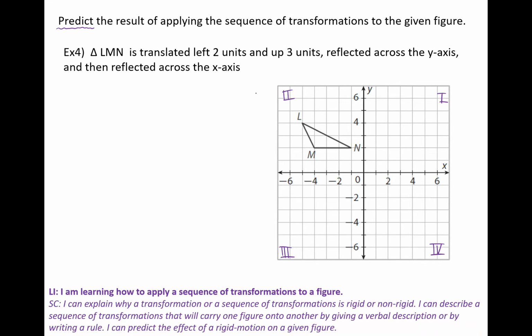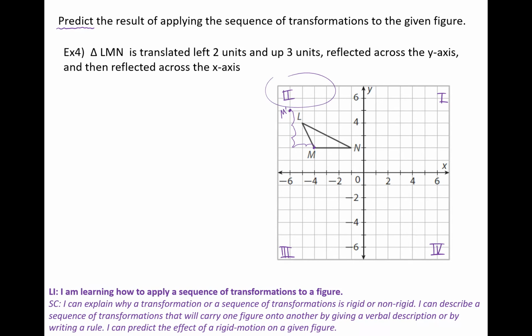So for the left 2 units and up 3, I'm just going to quickly look at a point like M on my triangle. If I go left 2 and up 1, 2, 3, that's where my M prime would be. Where's my triangle? It's going to be somewhere in this vicinity, right? So it's going to be right about there.